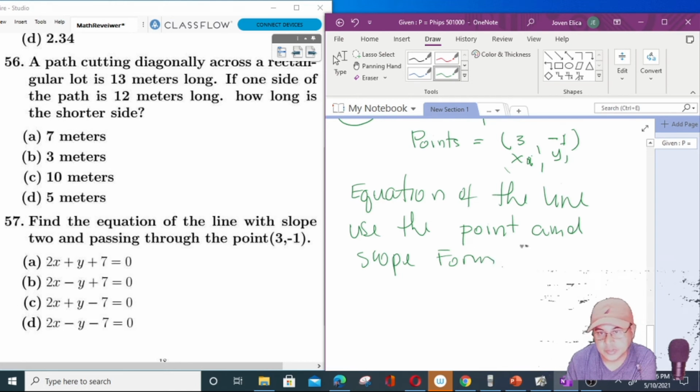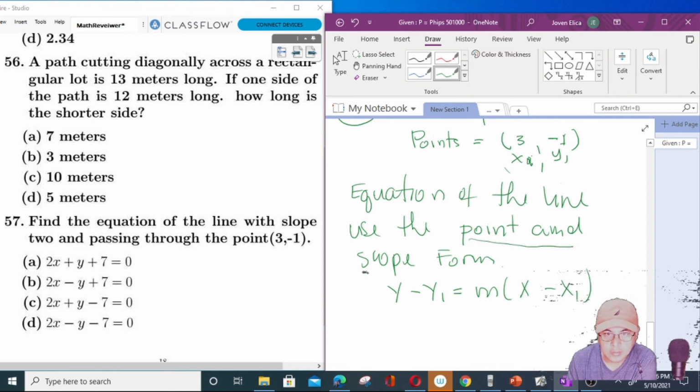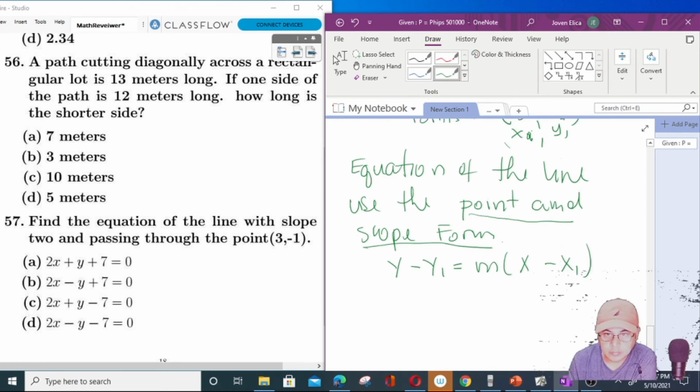From our geometry, there is a point-slope form which is written as y minus y1 is equal to m multiplied by x minus x1. This is the point-slope form. y minus y1 equals m multiplied by x minus x1.